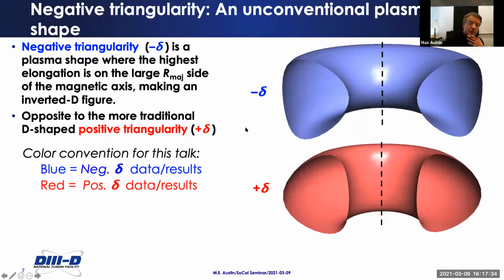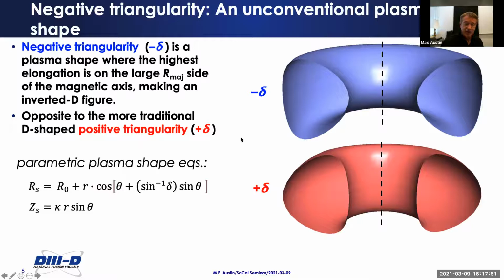This also is an opportunity for me to bring up that throughout this talk, with a few exceptions, I have this color convention: negative triangularity data will be shown in blue, and the positive triangularity for comparison will be shown in red. And again, for the uninitiated, this quantity delta, the triangularity, comes from these parametric plasma shape equations, which can fit these kinds of shapes.